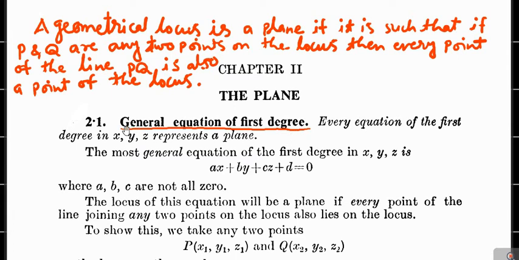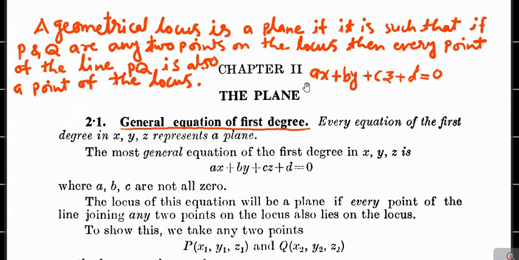First of all, we'll see what is meant by the general equation of first degree in 3 variables x, y and z. The equation ax plus by plus cz plus d equal to 0, where a, b, c and d are constants, means real numbers.